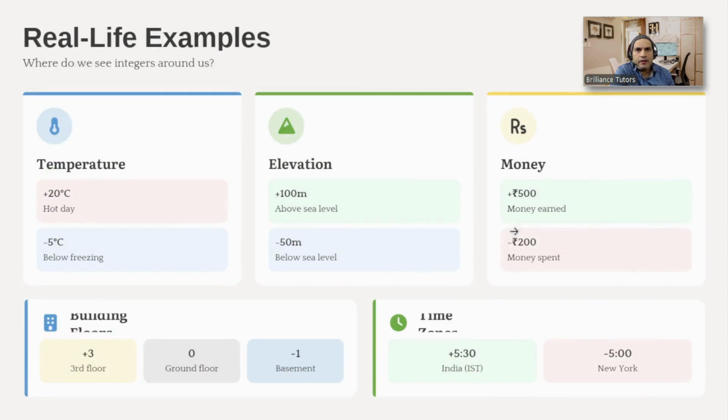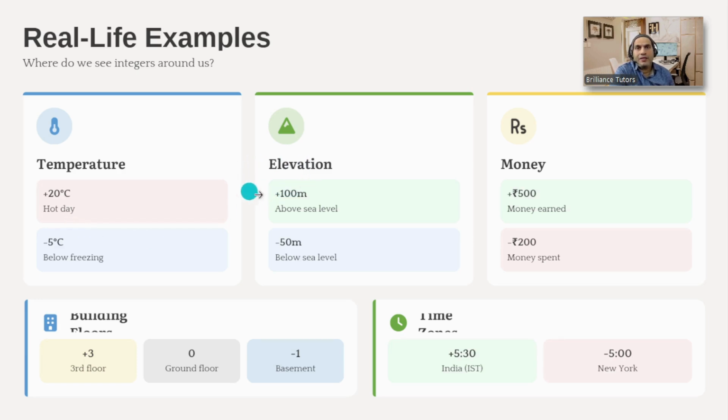And here you can see real life examples of integer numbers, like temperature. On a hot day, we have plus 20 degrees Celsius, and below 0 degrees Celsius we will write minus 5 degrees Celsius, like below the freezing point. So temperature is measured in integer form, like positive temperature, negative temperature, even 0 temperature.